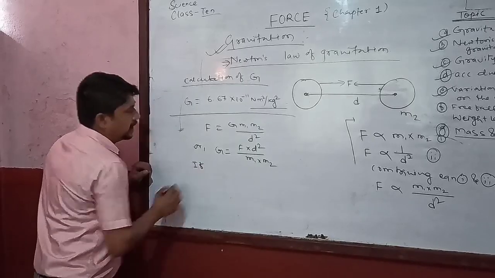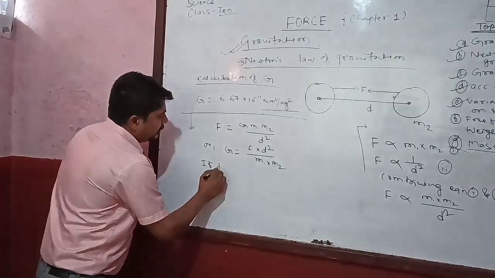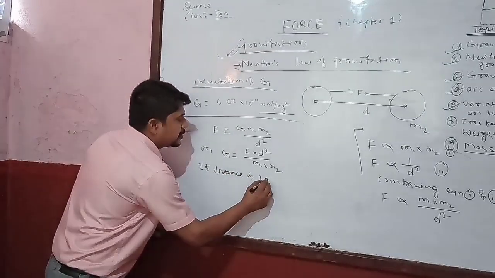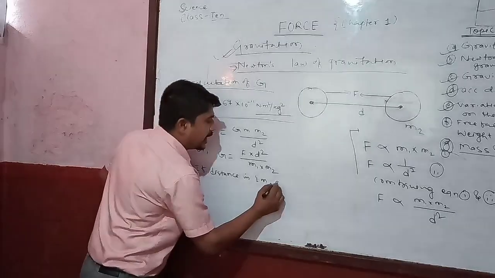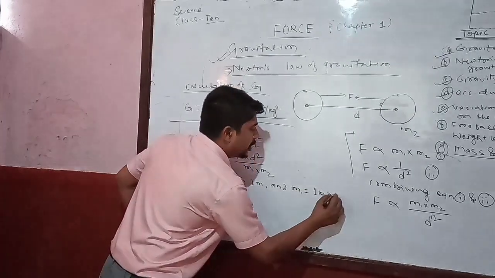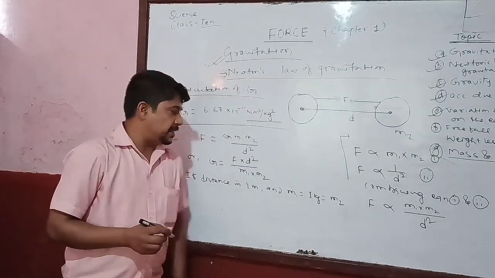So suppose the distance is 1 meter, and m1 is equal to 1 kg, equal to m2. Suppose the mass of both objects is 1 kg.